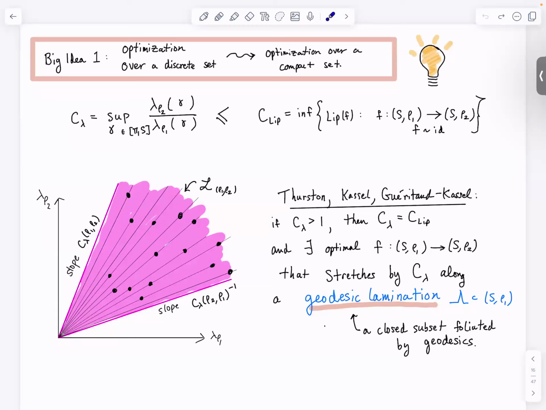A geodesic lamination on a hyperbolic surface is a closed subset of the surface foliated by geodesics. So it's a bunch of geodesics running along the surface that make up a closed set, and these geodesics never cross one another. Okay, so let me give you a picture.